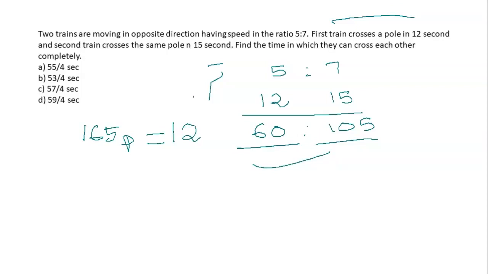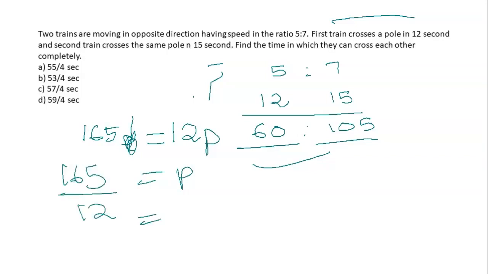Now 165 is equal to 12 parts. So one part is equal to 165 by 12. 165 by 12 gives you 13 and 9 by 12, which is 33 by 4.